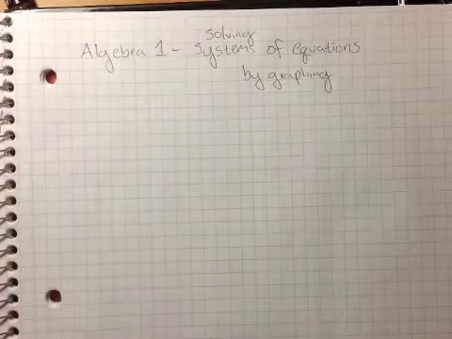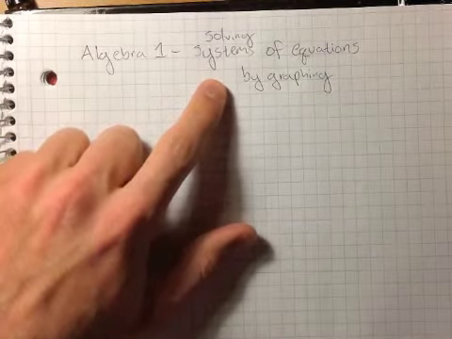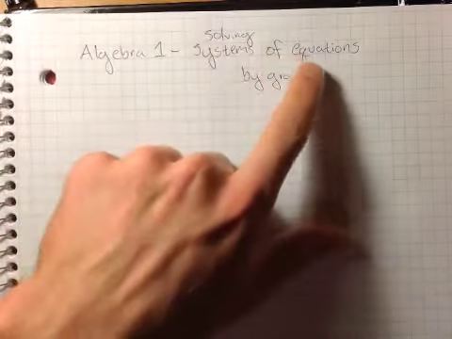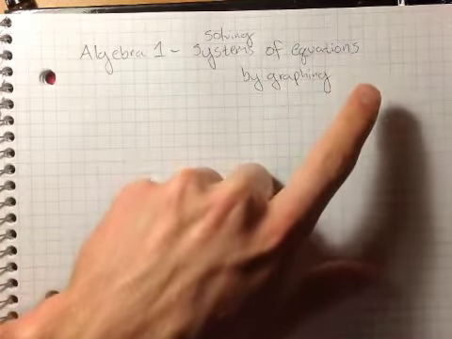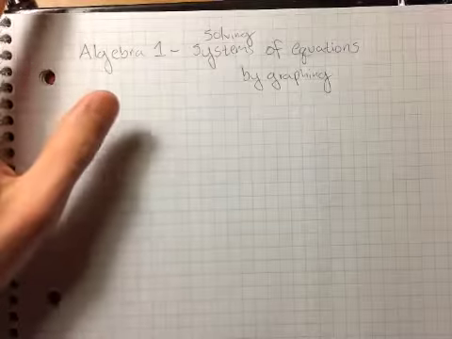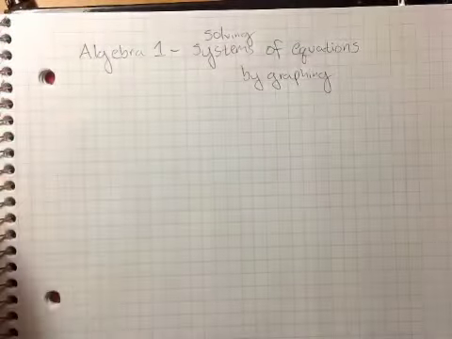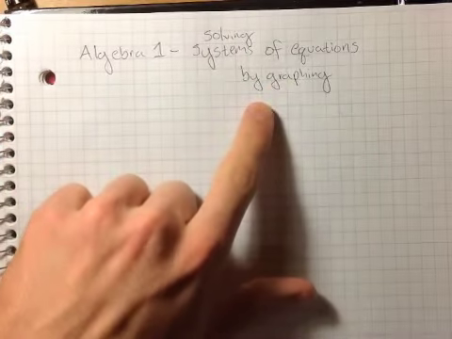Let's think about what we know in this topic. We know how to solve equations. We know how to graph equations, at least equations of lines. So we're going to think about the pieces that we already know how to do, and then bring those pieces into this new topic, solving systems of equations by graphing.